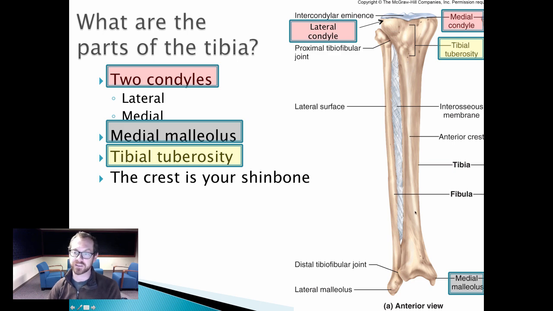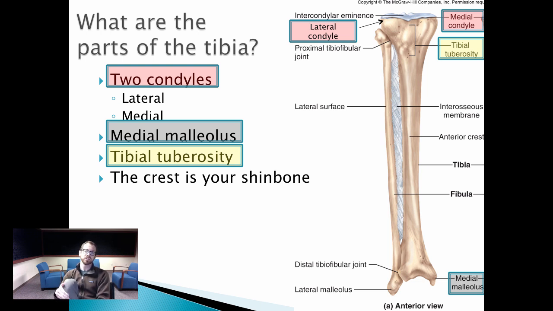We're looking at an anterior view here, and we have a feature called the tibial tuberosity. And this is, remember, a tuberosity is just a bump on your bone. You can feel your tibial tuberosity if you just palpate just inferior to your knee; you will feel a small bump there.